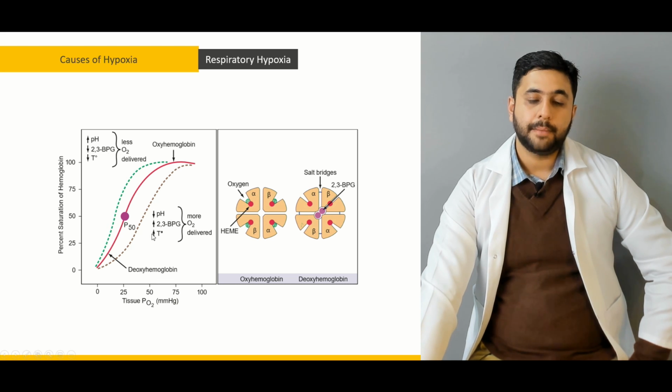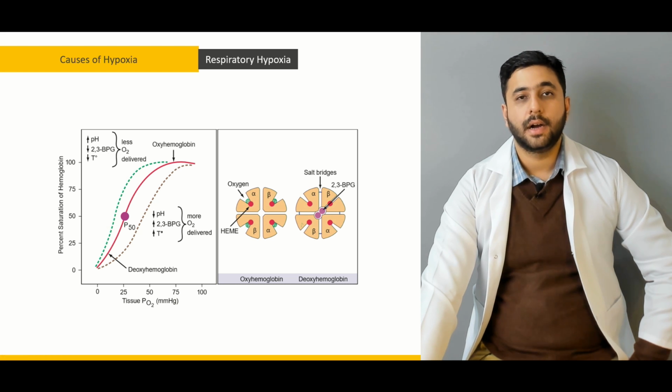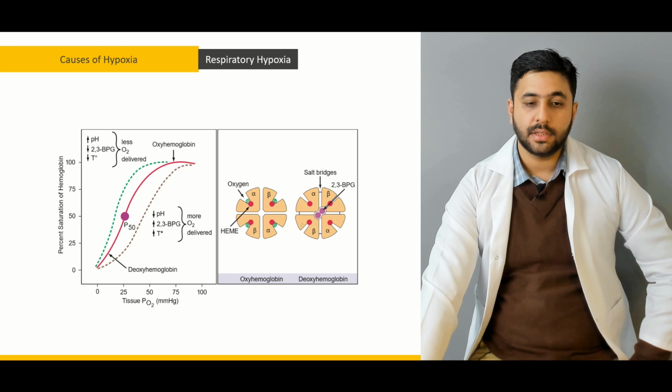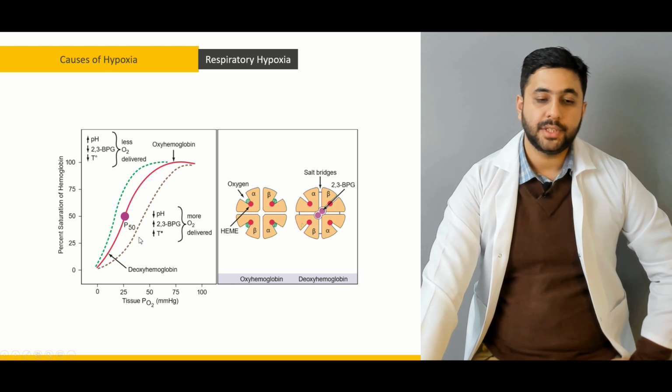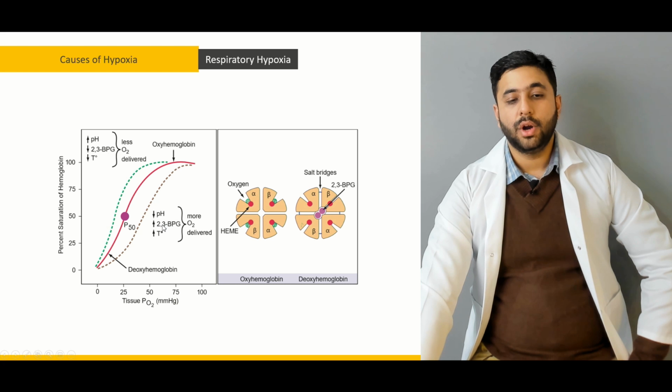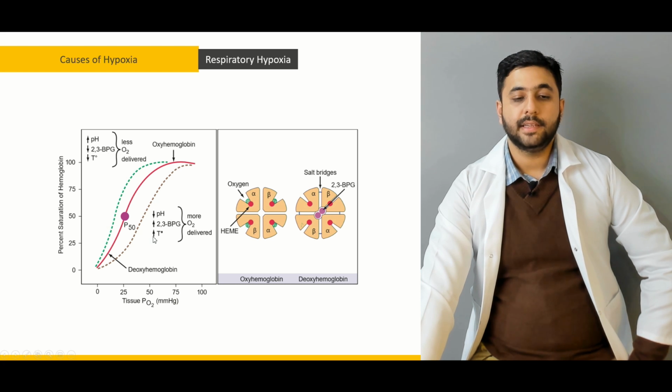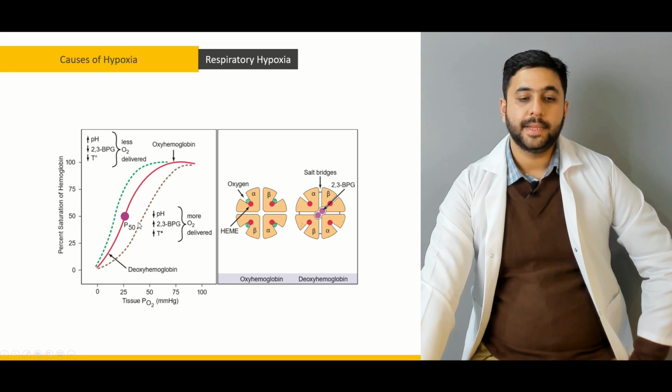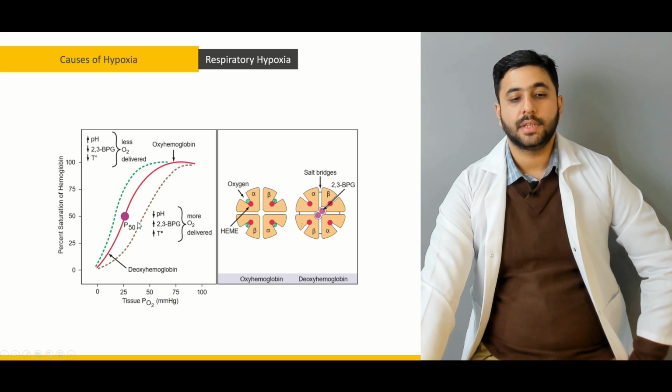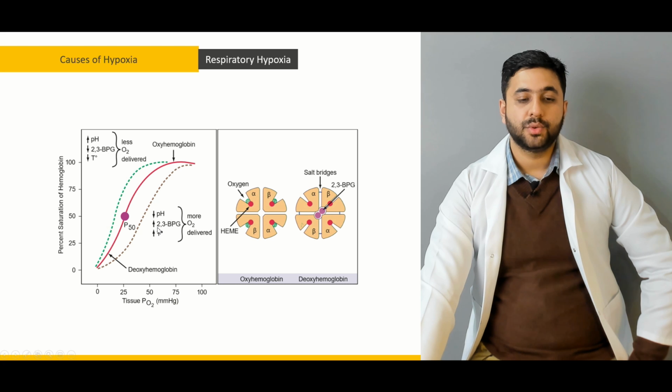An increase in the temperature, an increase in the altitude, an increase in the hydrogen ion concentration or acidosis, or an increase in the 2,3 BPG, which is bisphosphoglycerate. All of these conditions eventually lead to increased unloading of oxygen. These are basically the conditions in which there is hypoxia, for example, in acidosis or with high altitude, or with an increase in the 2,3 BPG concentration, or for example, an increase in the carbon monoxide concentration.